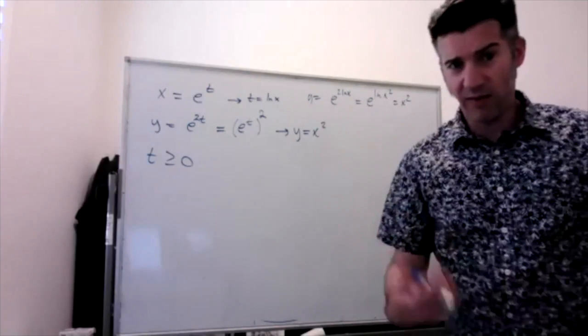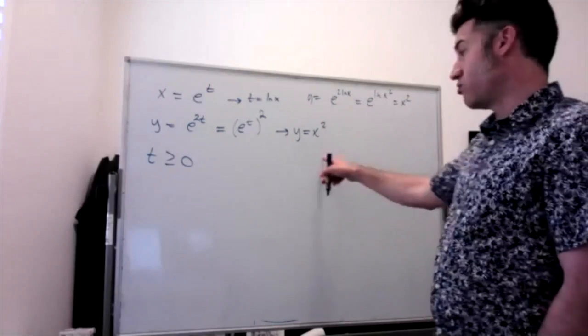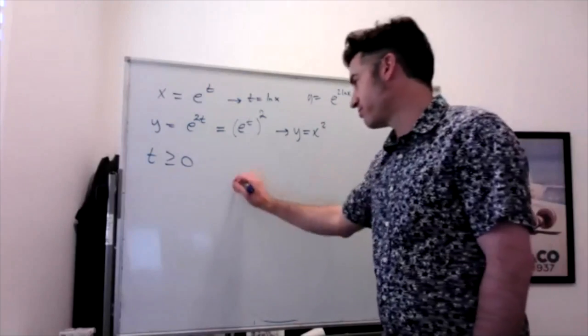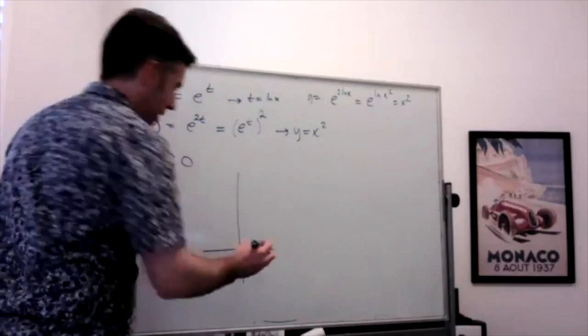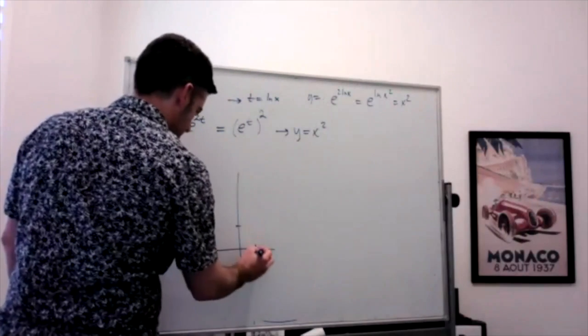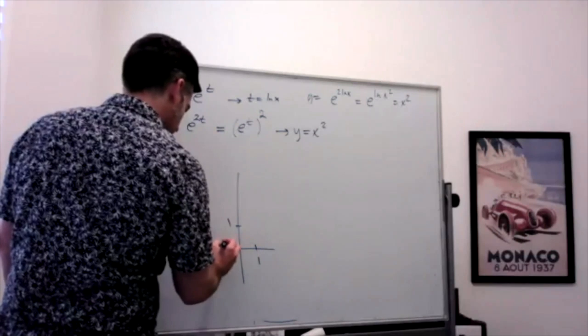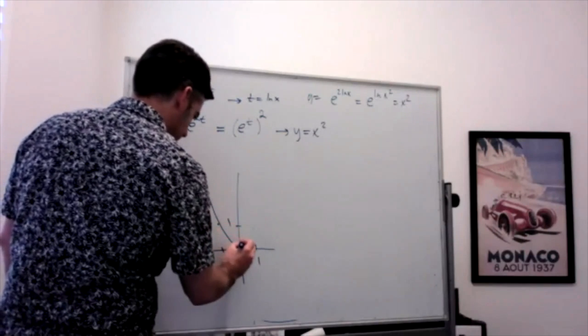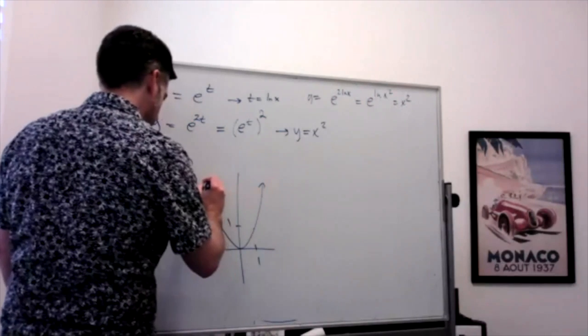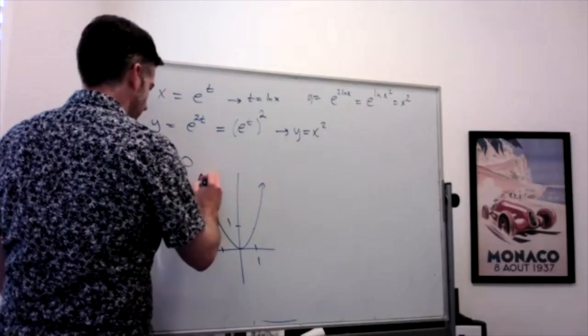Now we have to be careful with our graphs, right? Because you might be mistakenly wanting to graph all of y equal to x squared, which looks kind of like this. There's all of y equal to x squared.